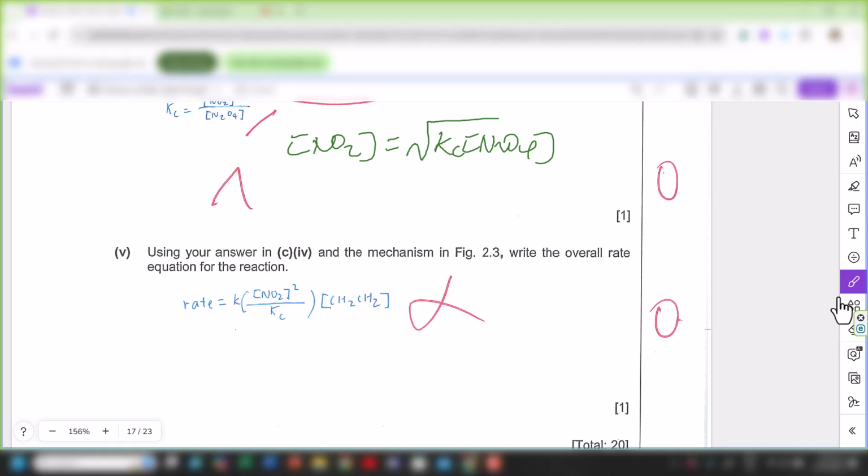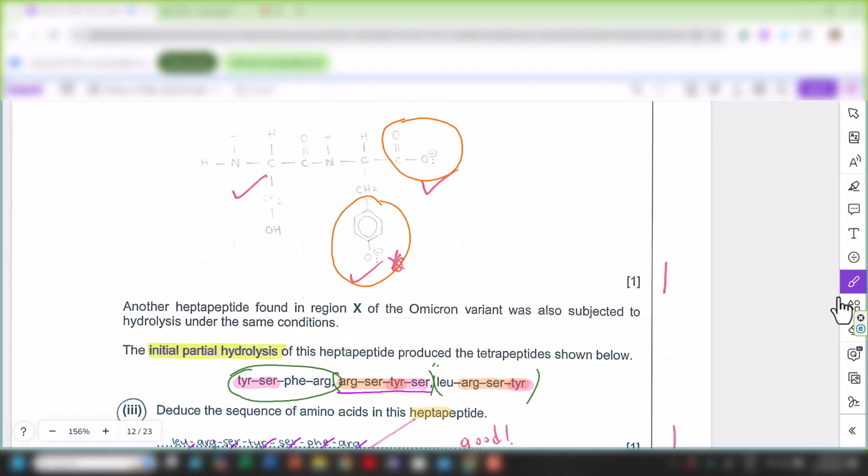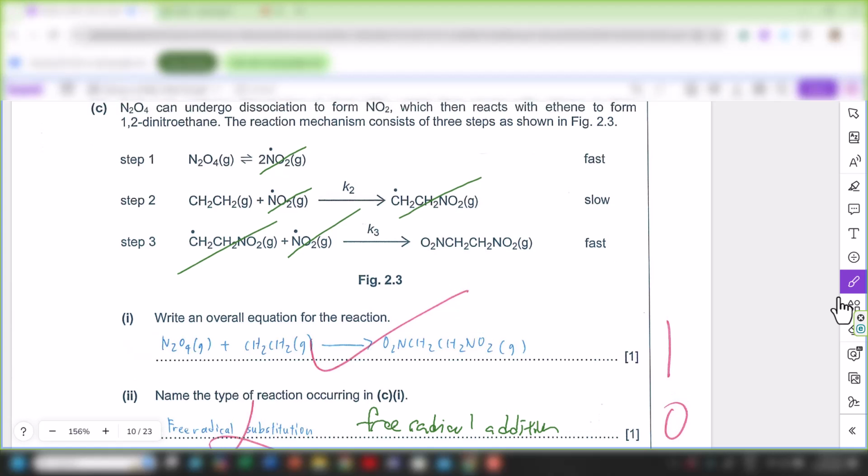And then after that, you use the answer to C part 4 and the mechanism given in figure 2.3. Figure 2.3, if you remember, if I go back to here, right? The slow step actually involves CH2 colliding with NO2. But NO2 actually comes from N2O4. Yeah. So in that sense, you have to represent NO2 concentration in terms of N2O4.